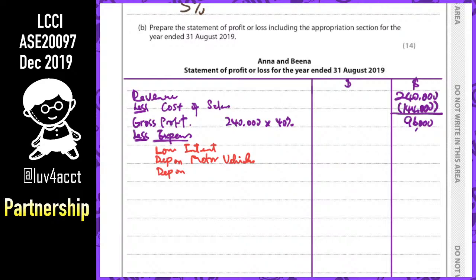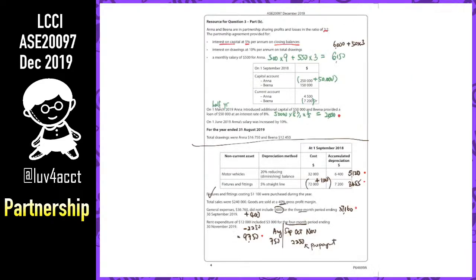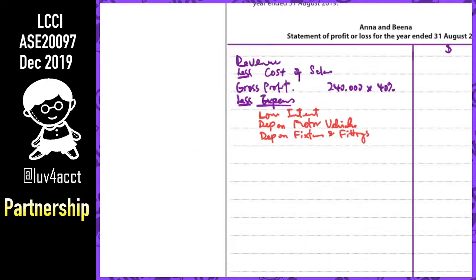And then what else? General expenses and rent expenditure.